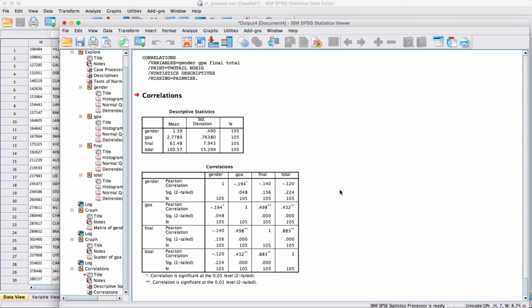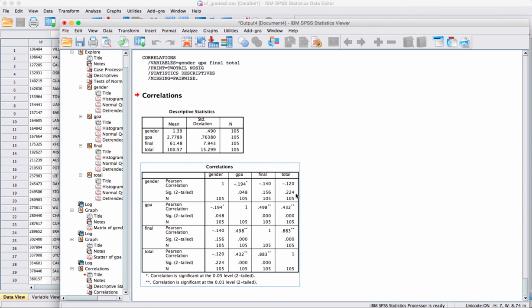So you want to be able to interpret that correlations of 0 to about 0.5 are considered small, 0.5 to 0.8 are considered moderate to large, and then 0.8 and above are considered large correlations. But you might want to check the Warner textbook to see how she interprets those correlations.